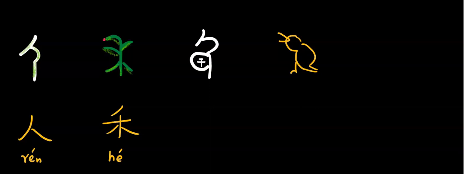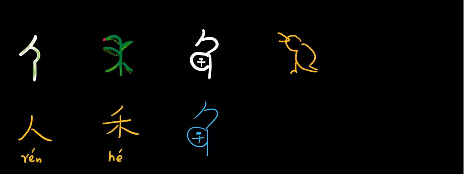Alright, I'm going to rewrite the third word here. So first we start with 人, the one we saw earlier. And this person has a belly, a really big belly. In the belly, it carries a small person like this. I guess you figured it out. It's a pregnant woman.